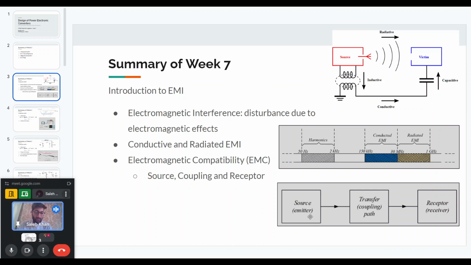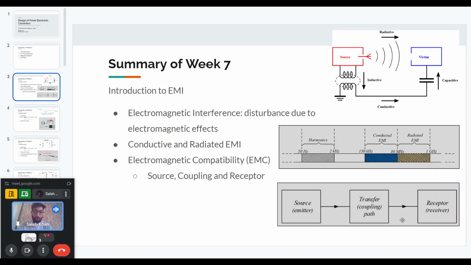So the source and the coupling path, which can be a wire, can be limited by the enclosure, and then the receptor would be the actual component like a telephone line or a grid network.